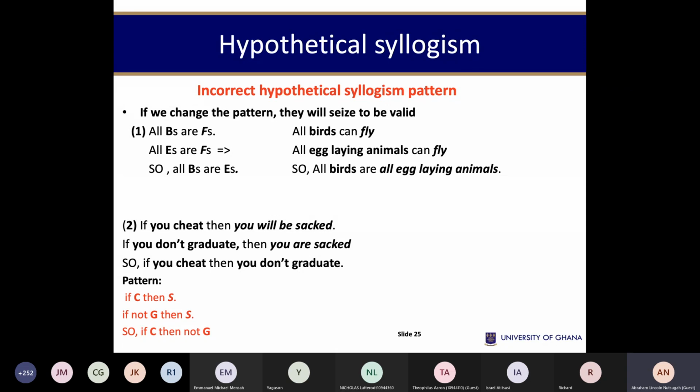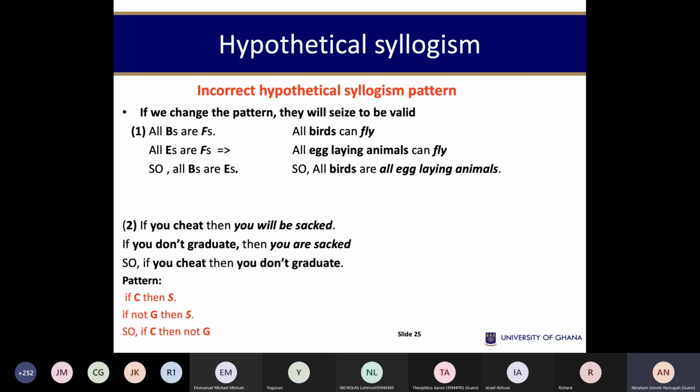All egg-laying animals can fly. Then you conclude that all birds are egg-laying animals. It does not follow logically. I hope you see the problem with this. It will cease to be what? Valid.